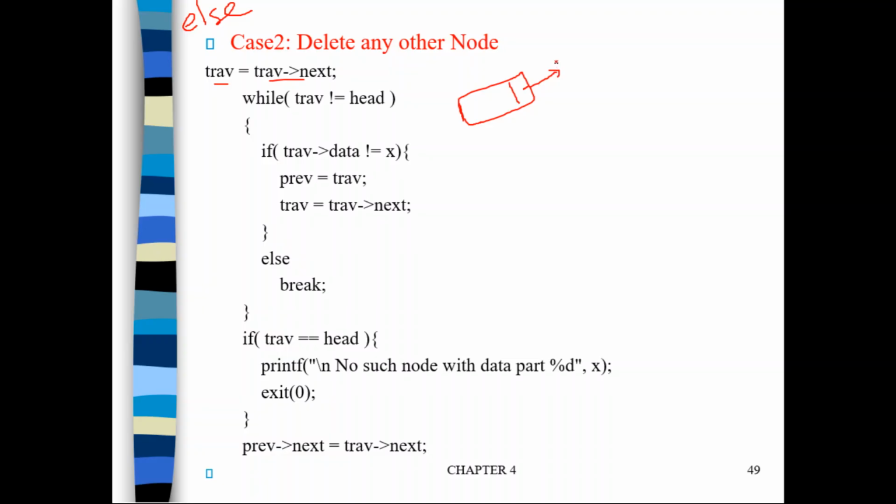Say the linked list contains 4 nodes: 1, 2, 3, 4. The fourth node's next is pointing to the first node. Head is pointing to the first node, and traverse is pointing to the first node.